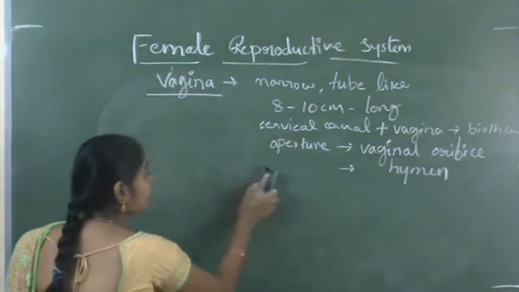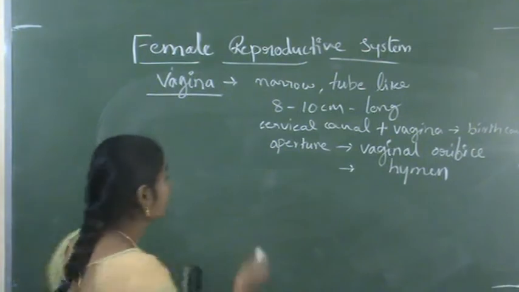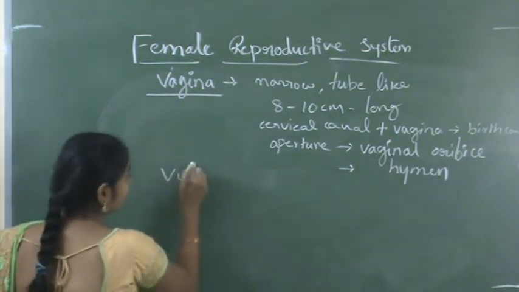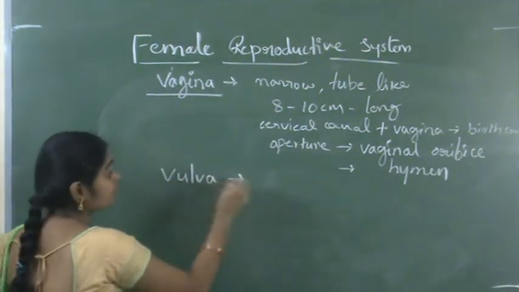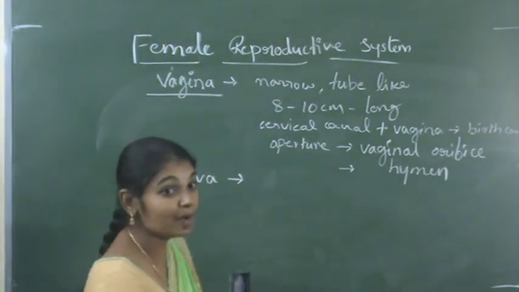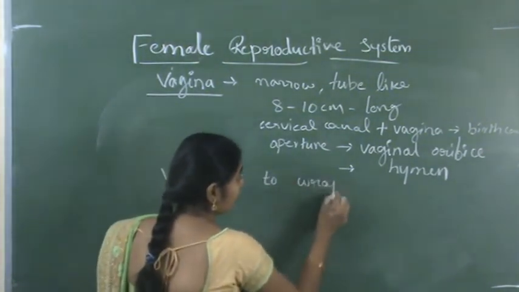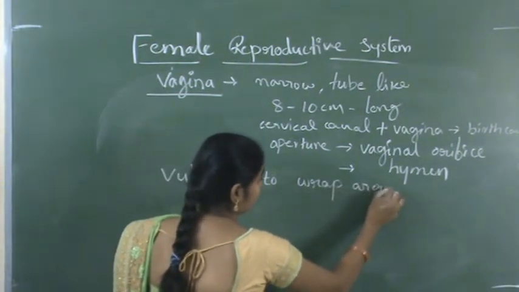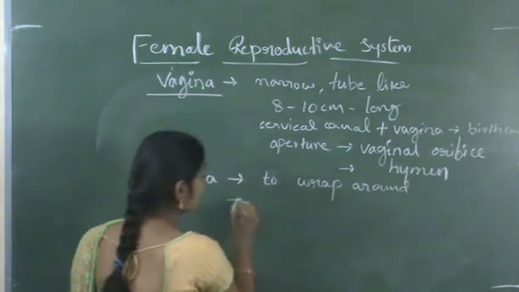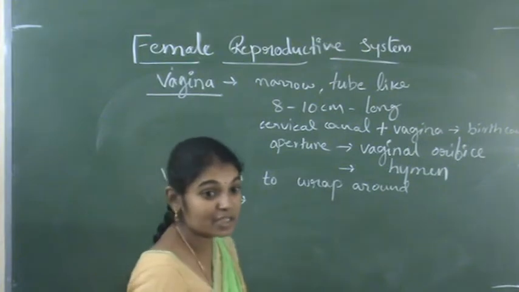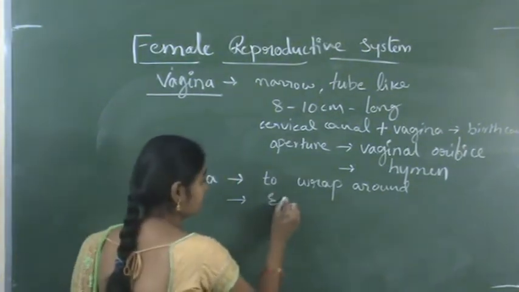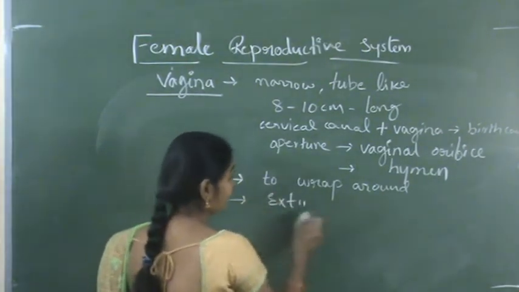And the next part is the vulva. Vulva means to wrap around, and this is the external genitalia of the female.